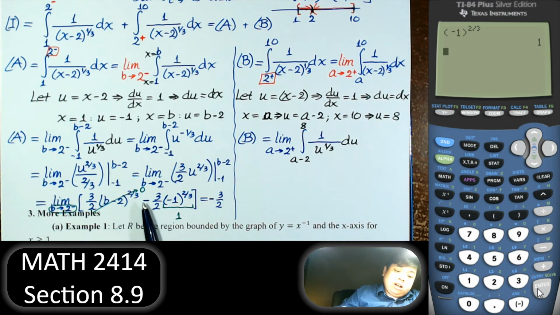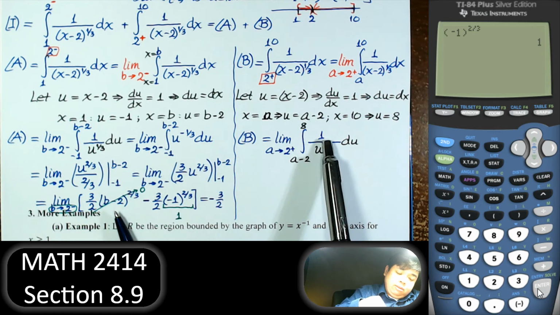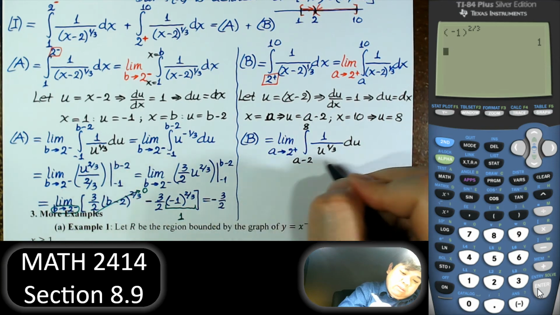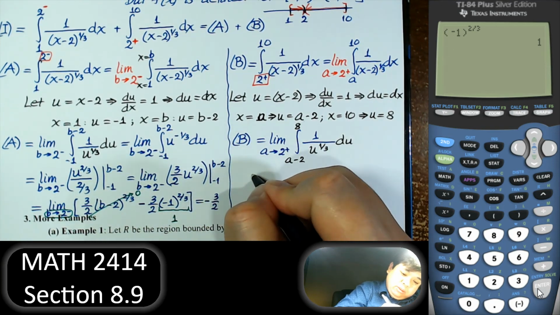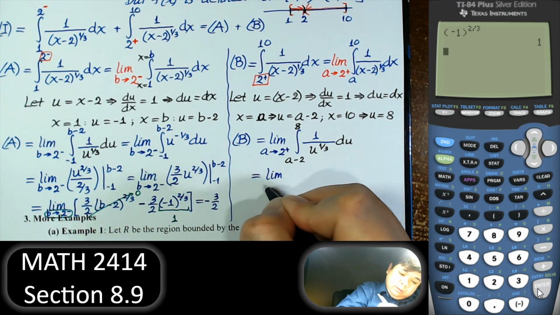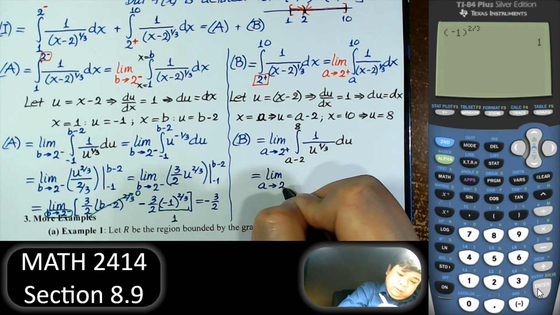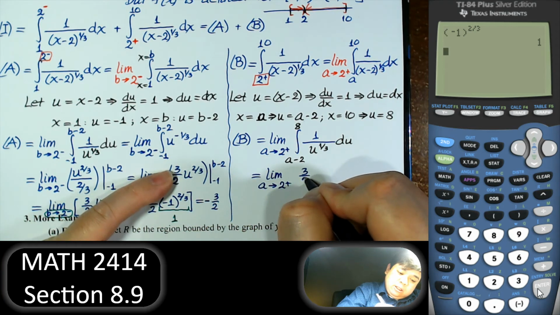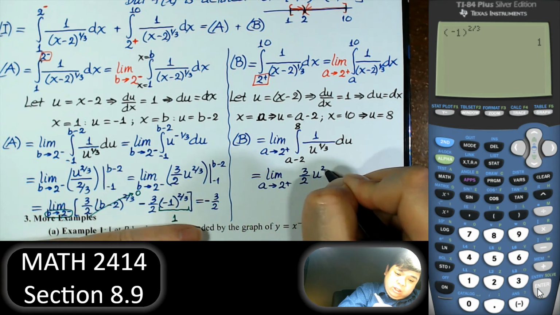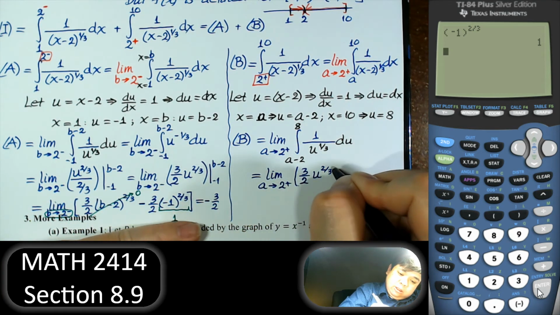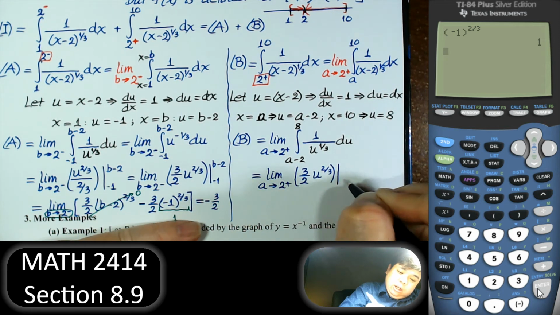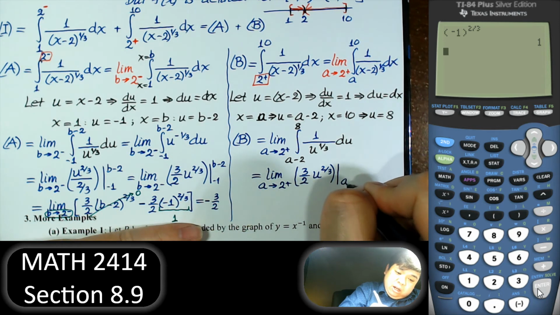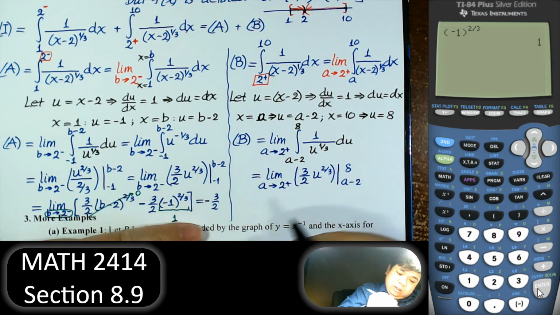Luckily the integrals are the same, so we just take the result from the previous example: this equals 3/2 u to the 2/3, and the only thing that changed are the limits, from a minus 2 to 8.